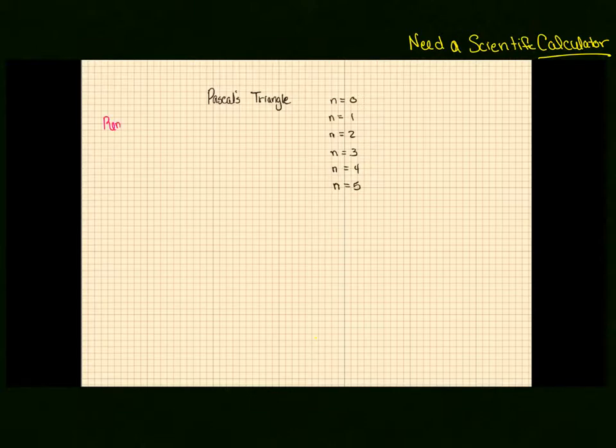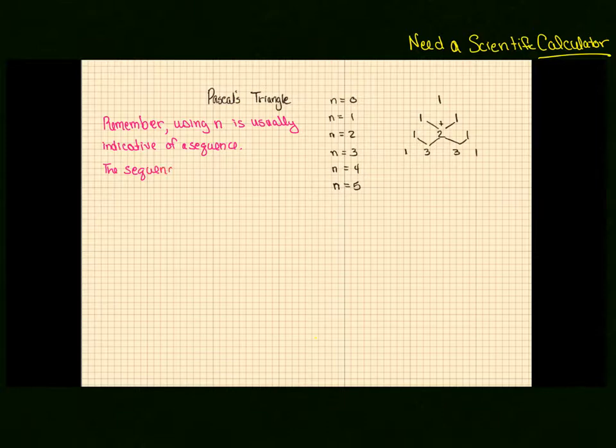So the first row in my triangle is going to be 1. My second row is going to be 1, 1. My third row is going to be 1, 2, 1, and I get the 2 by adding these two numbers. My next row is 1, then I add these two numbers, 3, add these two numbers, 3, 1.